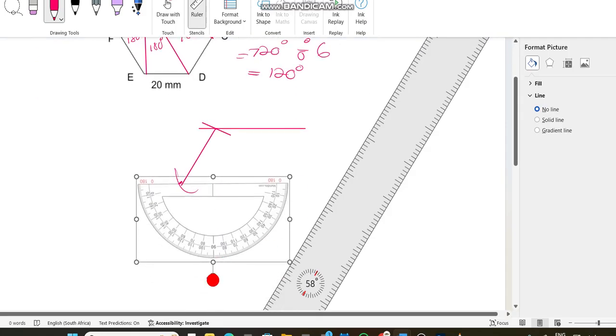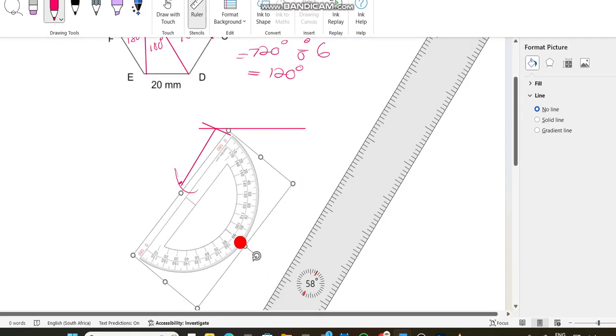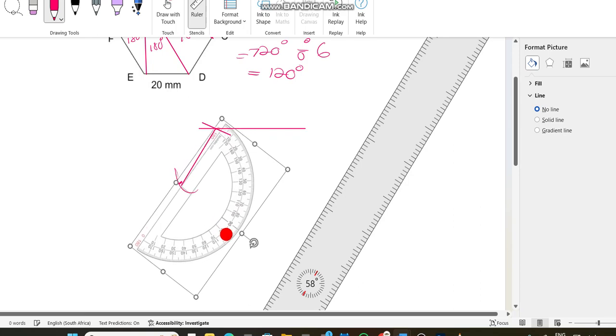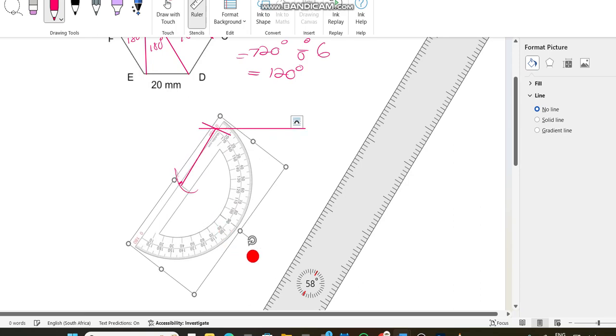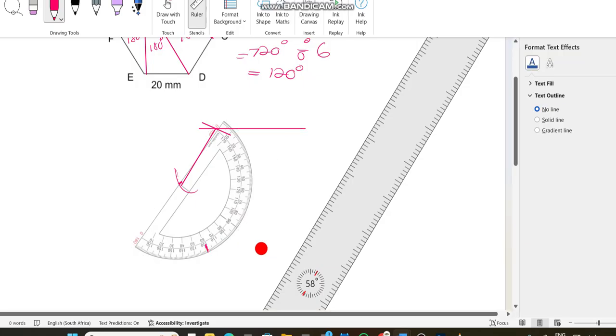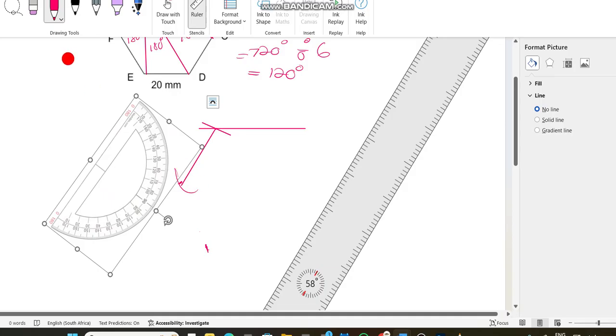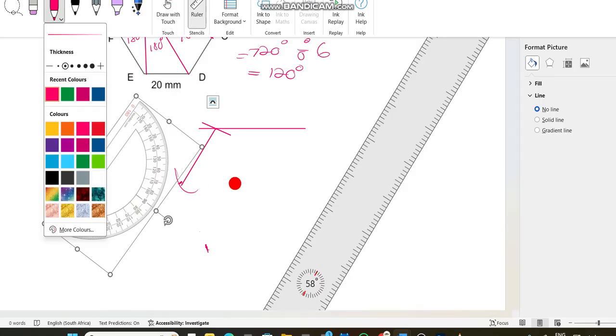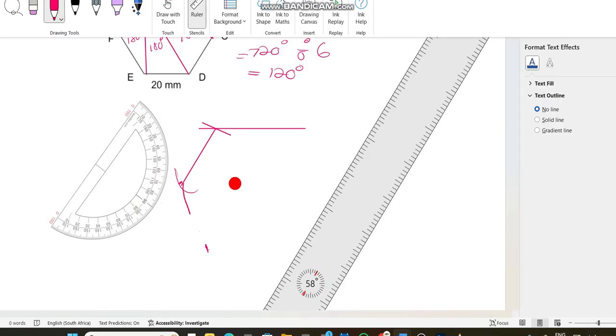I don't know if I can. Okay. Right, you're going to take this, put it on the origin, and you're going to mark out 120 degrees. You see, there's 120 degrees. Mark it out. I'm just going to draw a line now here because it's going to take too long for me to try and do it on the computer.